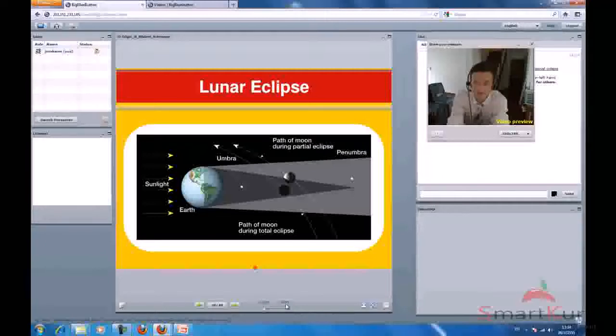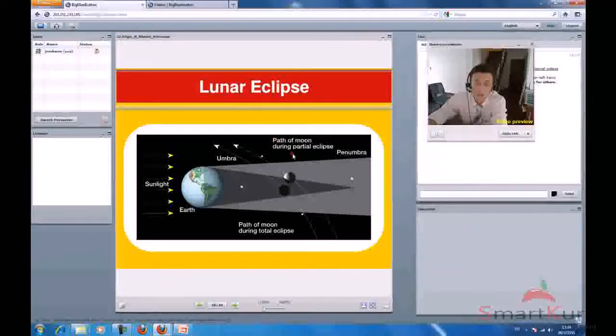Next on slide 38, you can see the other type of eclipse, a lunar eclipse. This is when the Moon moves into the shadow of the Earth. So with a solar eclipse, the Moon is between the Sun and the Earth.